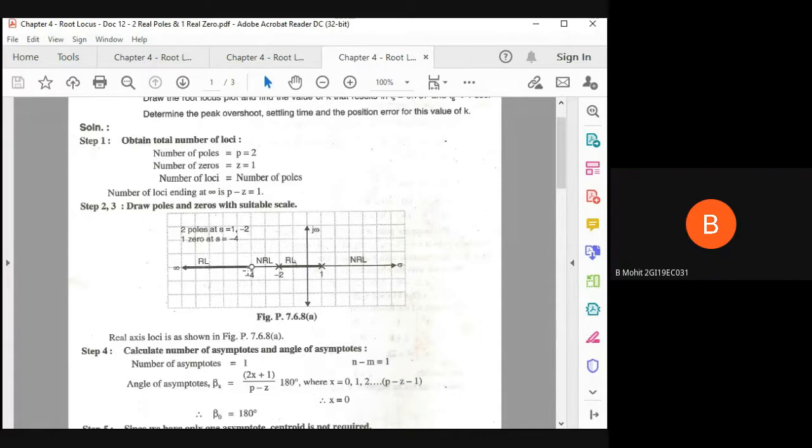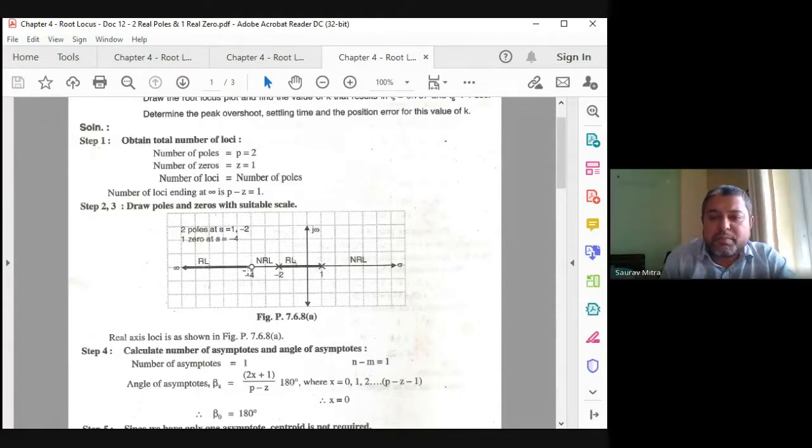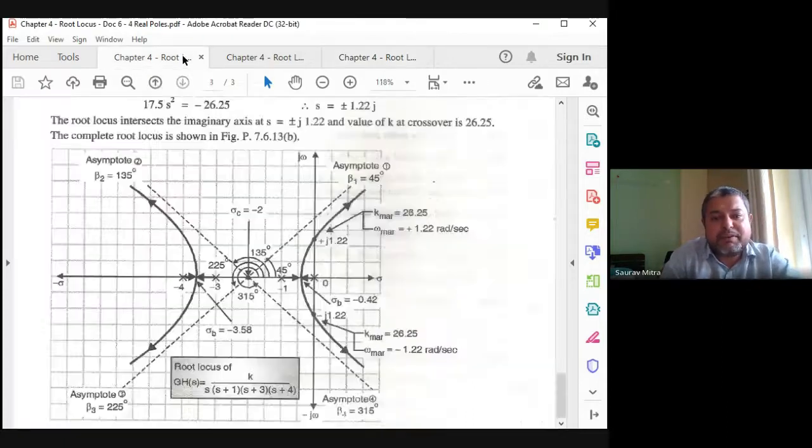Sir, why? Because it's a property, and you find why from the root locus characteristics. Suppose there was another pole at -4 and another at -5. As I explained in the previous numerical, at 0 and -1 there are 2 poles, and at 3 and 4 there are 2 poles.